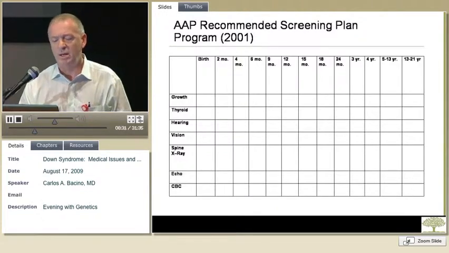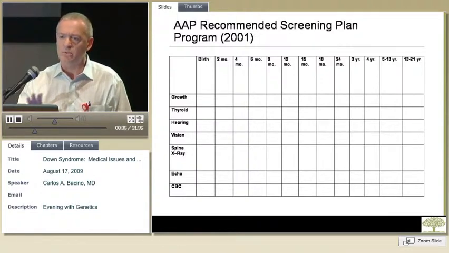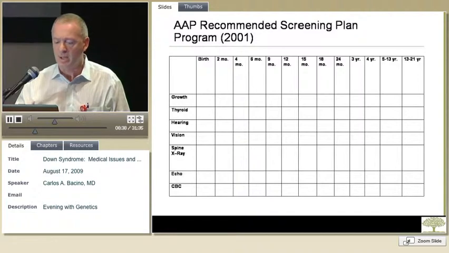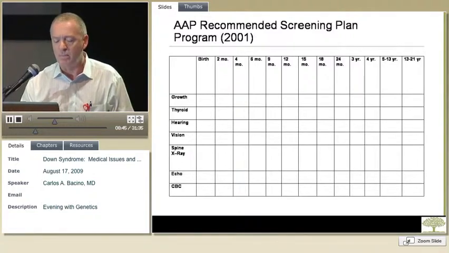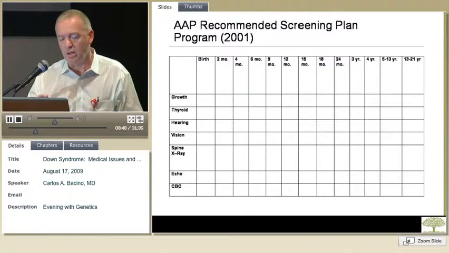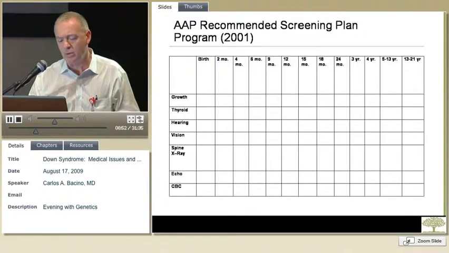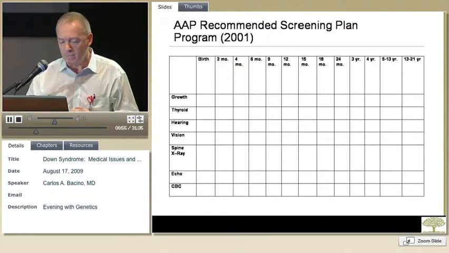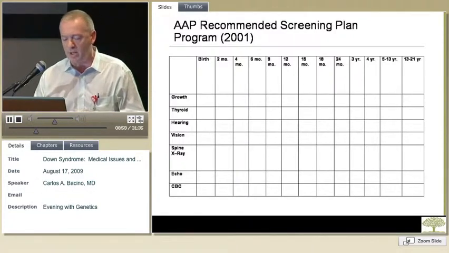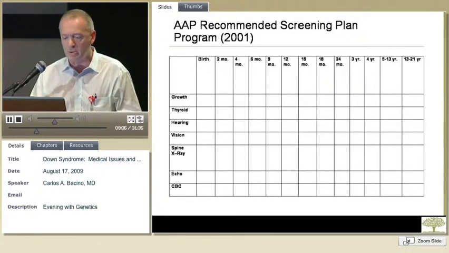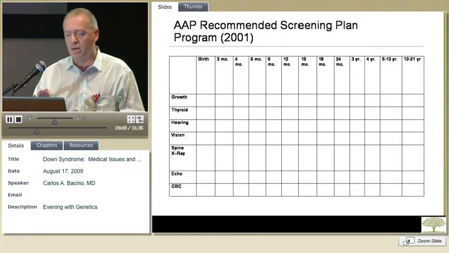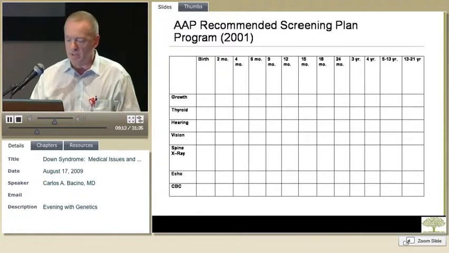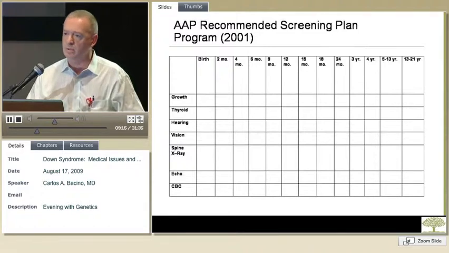But basically this is a table that shows the things that pediatricians will check in terms of health care with all Down syndrome children, and there are some things that will be especially looked at more carefully, like the thyroid gland, looking for hypothyroidism, looking at the echocardiogram initially to look for heart disease, the blood counts to look for hematological problems, etc. But all of these are very clear recommendations that have been given by the American Academy of Pediatrics that allow the pediatricians to do a fairly good follow-up of your children.